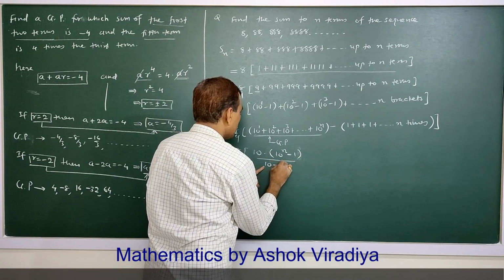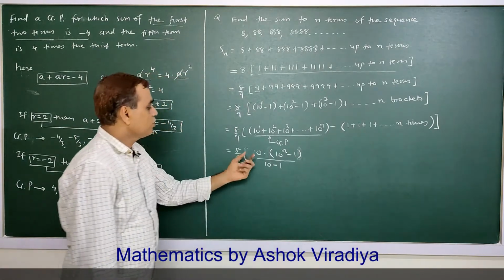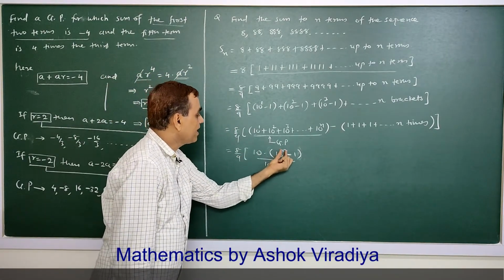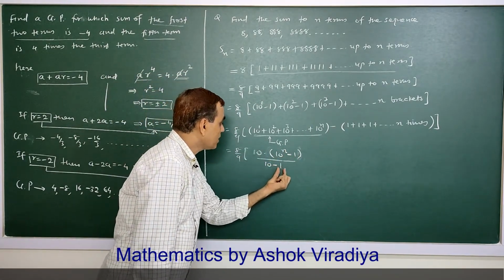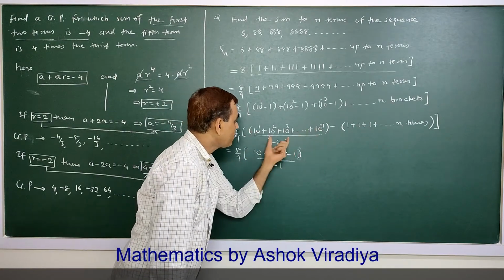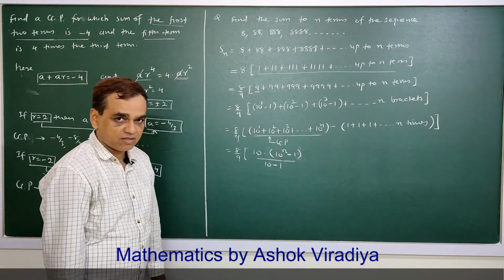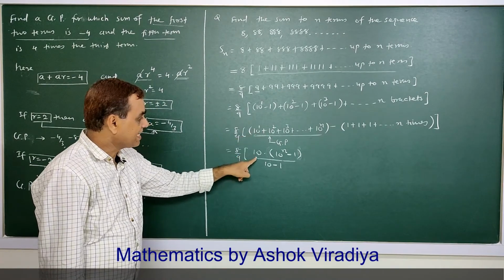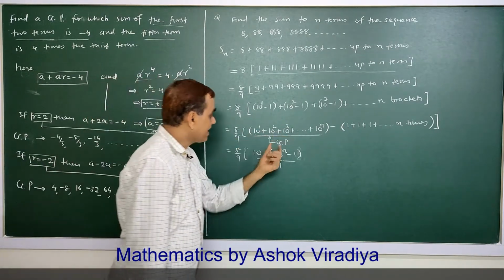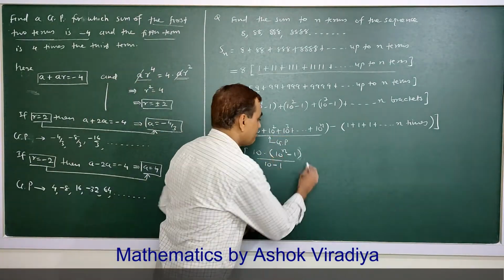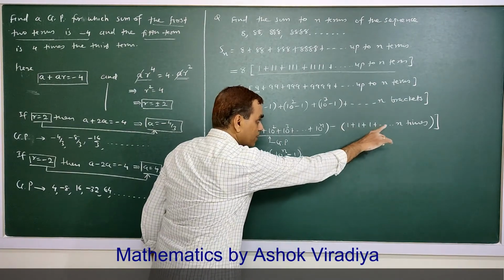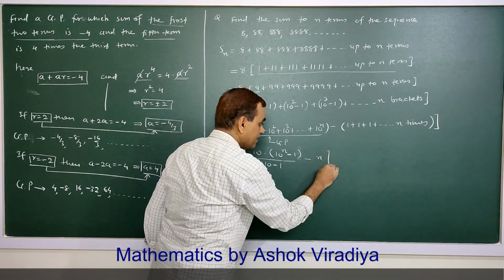R minus 1. So A into R raised to n minus 1 upon R minus 1 is the sum of first n terms of a GP. Here first term A is 10. Ratio is also 10, so R is 10. Minus 1 plus 1 plus 1, n times. So total is n.